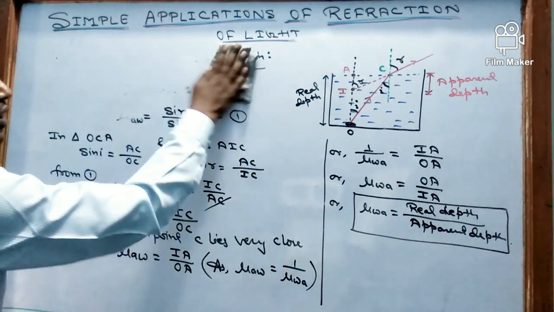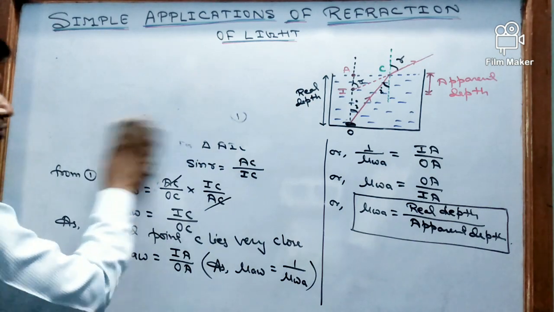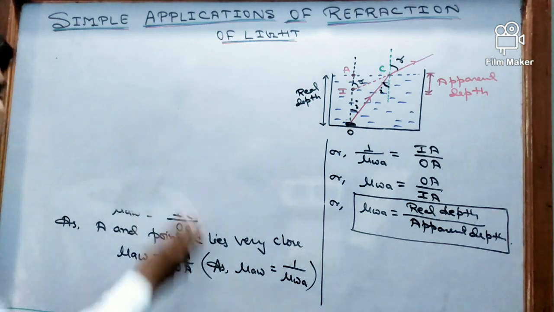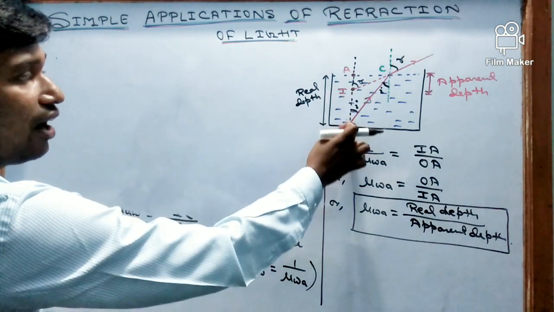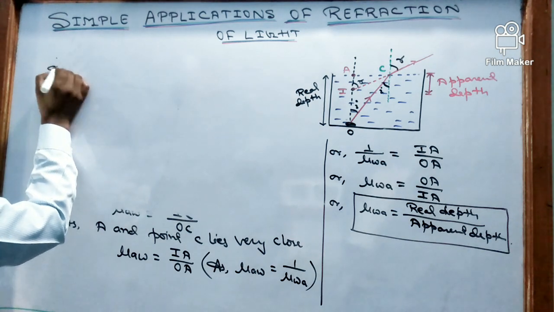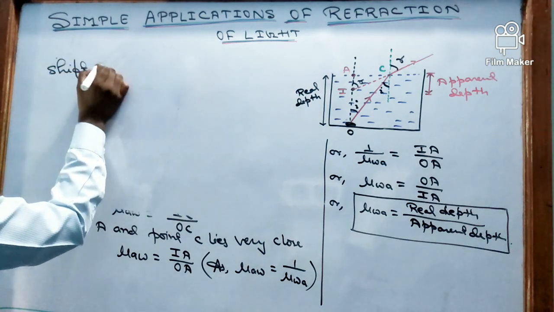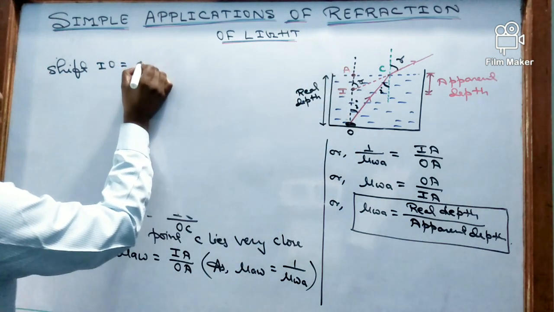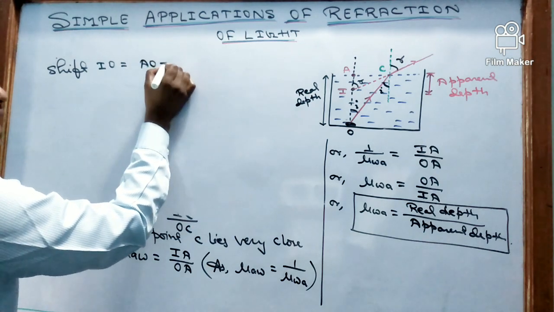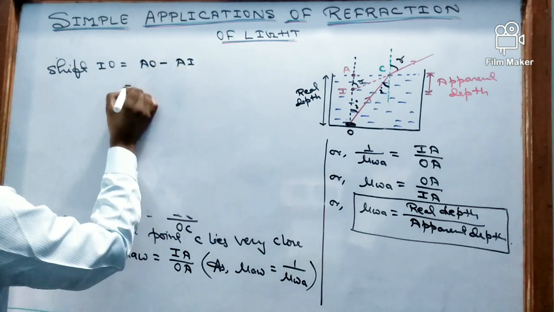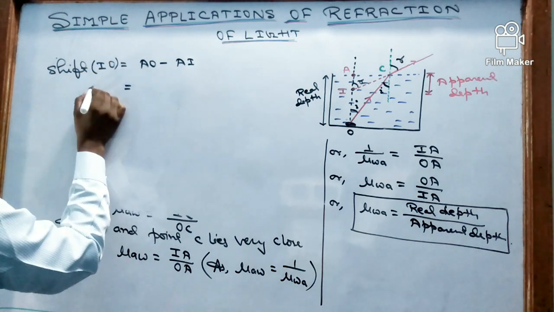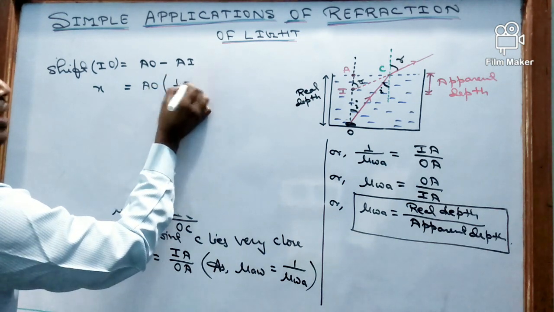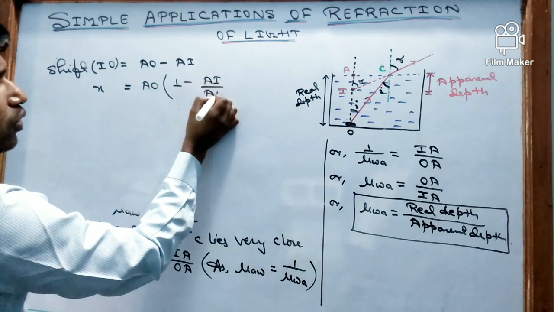Now how can we find the normal shift? In the figure, the shift IO is equal to the total AO minus AI. If we denote the shift by X, then X is equal to AO common, 1 minus AI by AO.